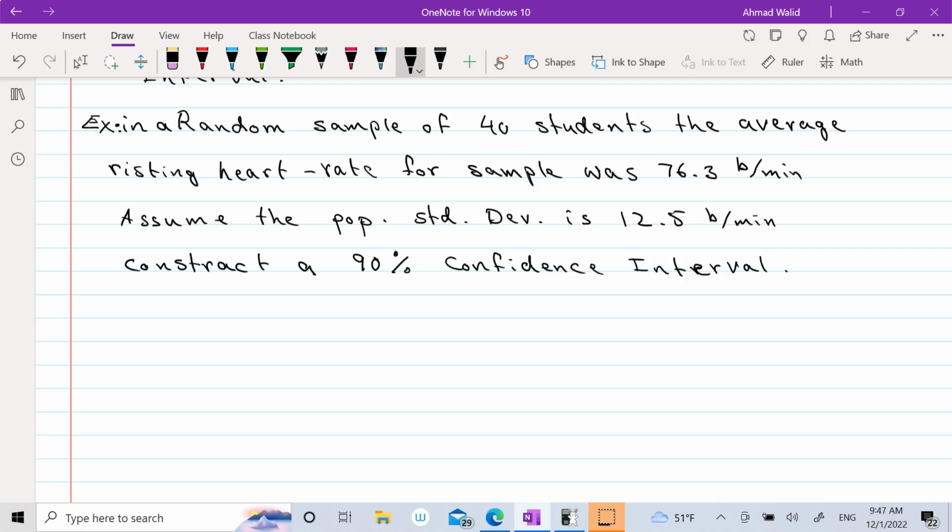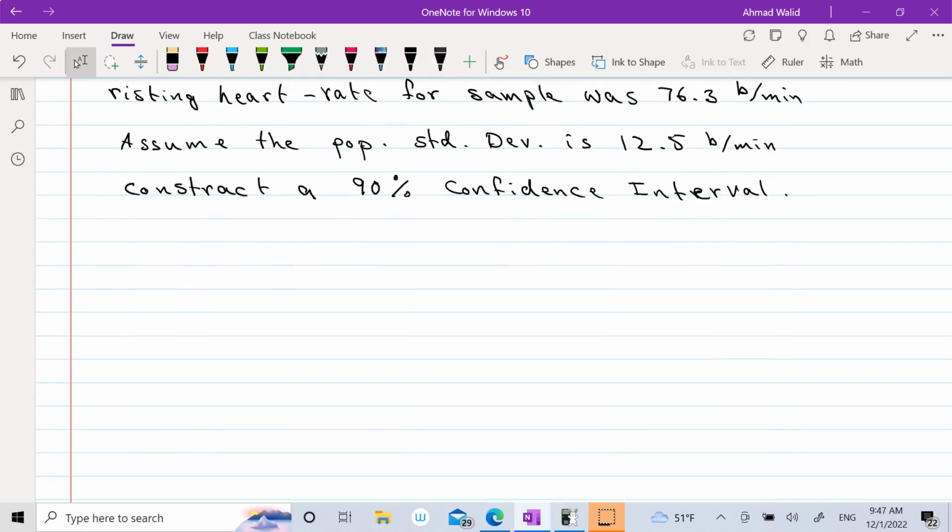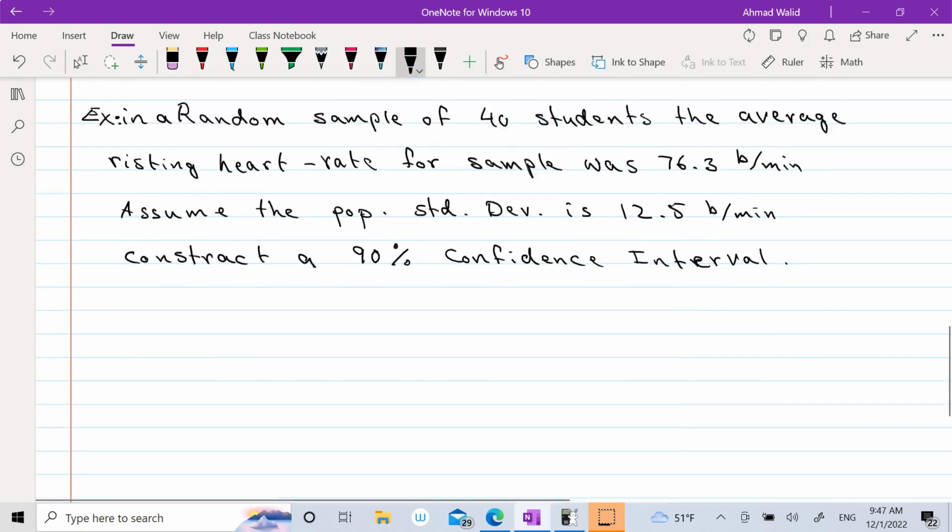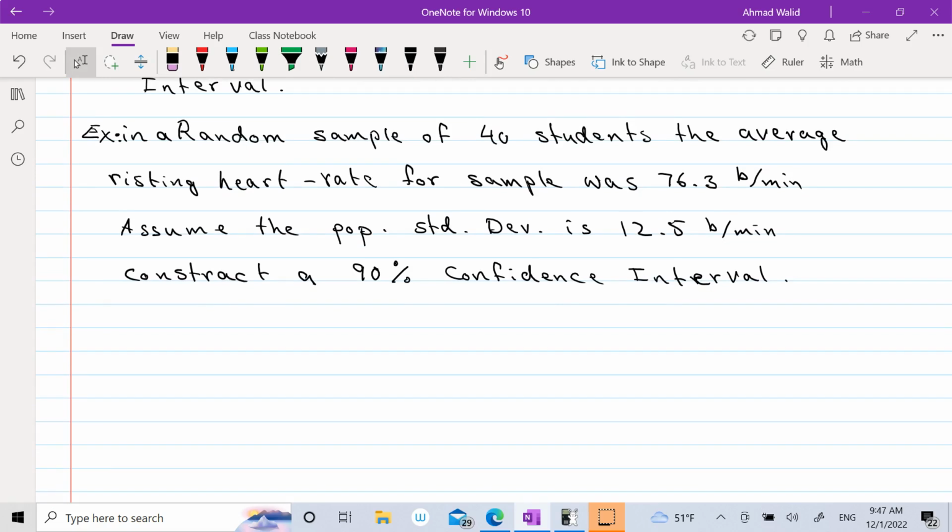Correct? Let's see what is given. In step 1, we check the requirements. What the requirement is? Our sample is random. It's given. Requirement number 1 was random sample. It's there in the problem. You see this word. Requirement number 2 was size of the sample for the student. It's greater than 30. Also, you can make a note here that n is given to you actually.